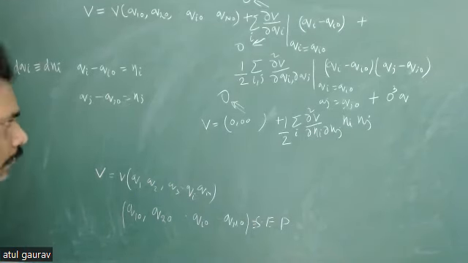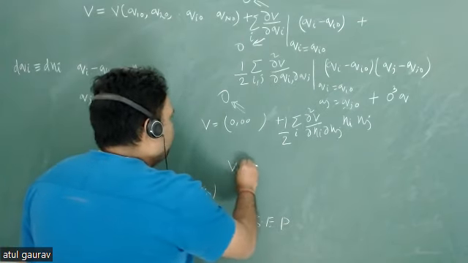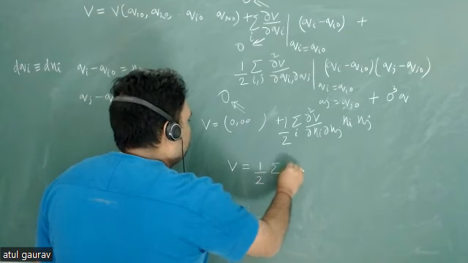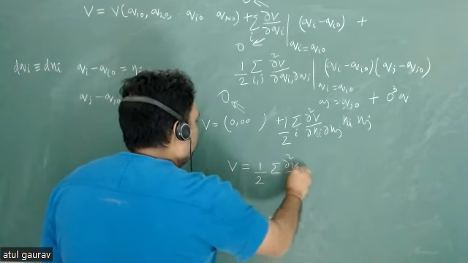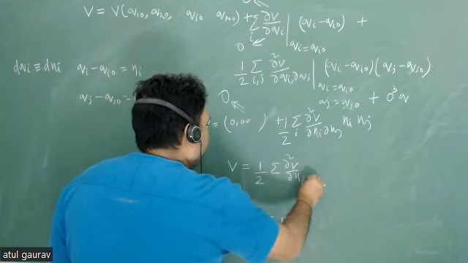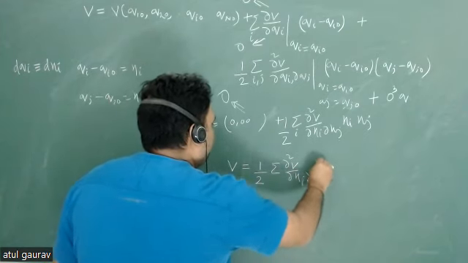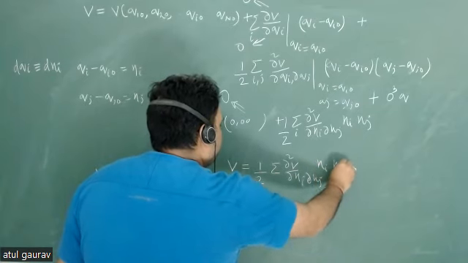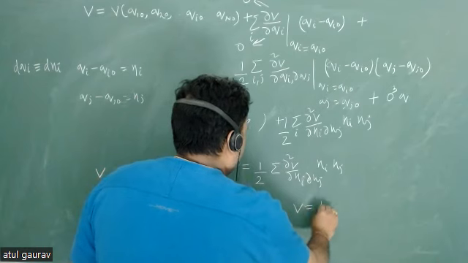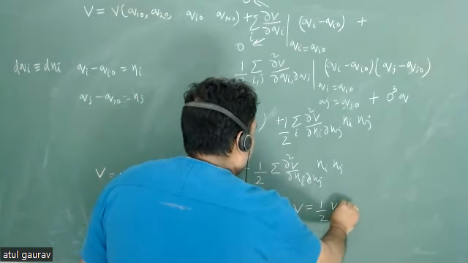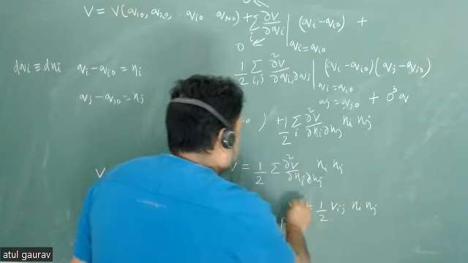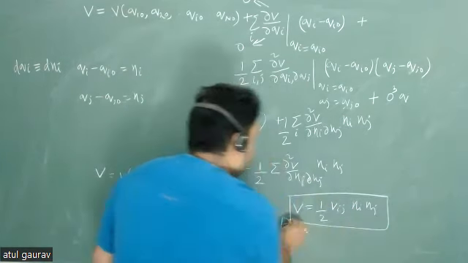Now you can see your potential energy is written as half summation over del square V by del eta i del eta j, eta i and eta j, or in a matrix form, we can write half Vij eta i eta j. लिख सकते हैं इसे?